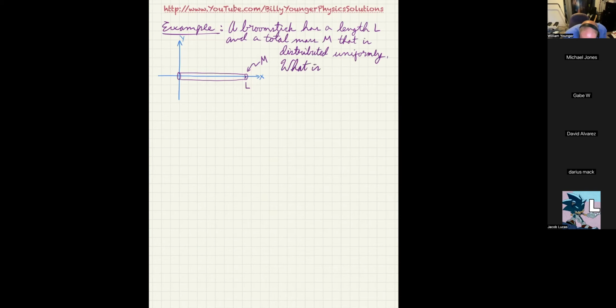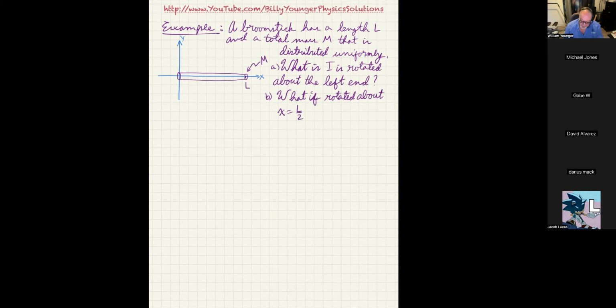What is I if rotated about the left end? What if rotated about x equals L over 2?